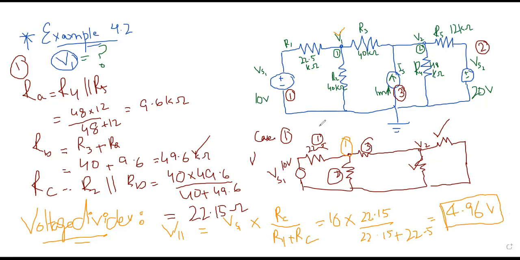Now for case number 2. So for case number 2, there will be no VS1, or there will be no IS. So for this circuit there will be no VS. So there will be a VS1, sorry, VS2. This is case 2.